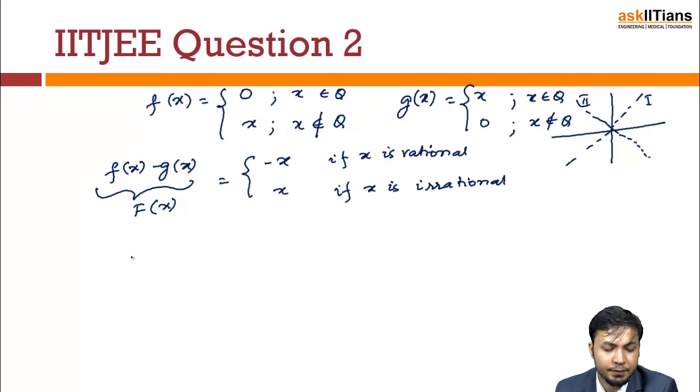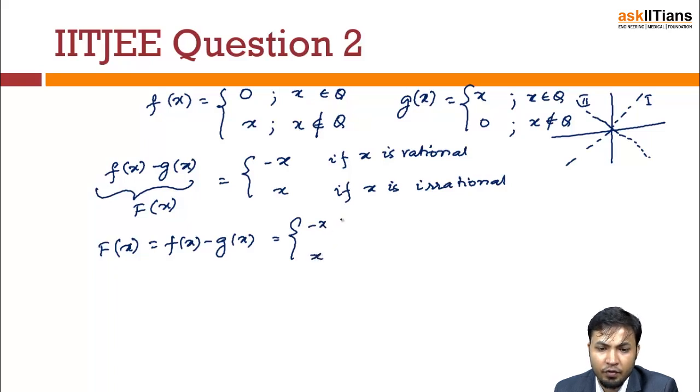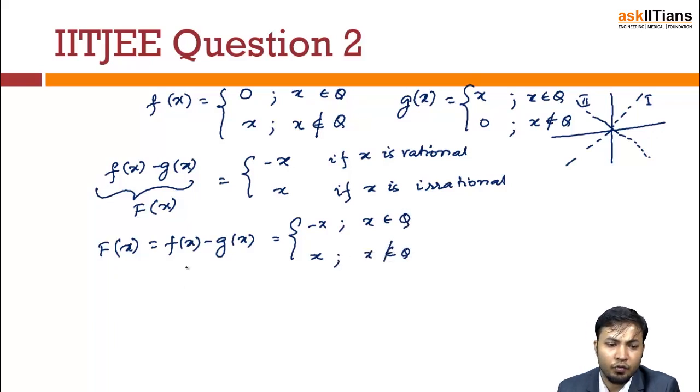So in that case, F(x) is equal to f(x) minus g(x), which is equal to minus x for x being in Q and x for x not being in Q. So what does this mean for me?